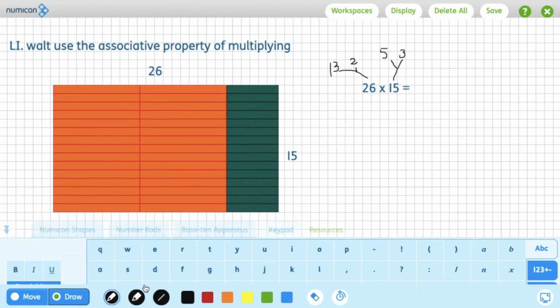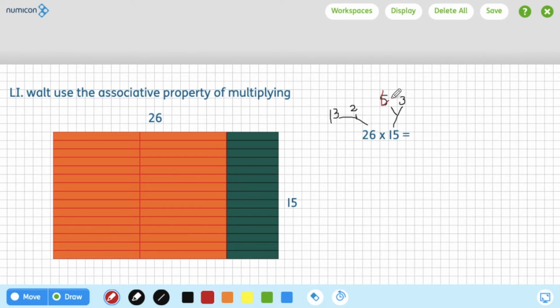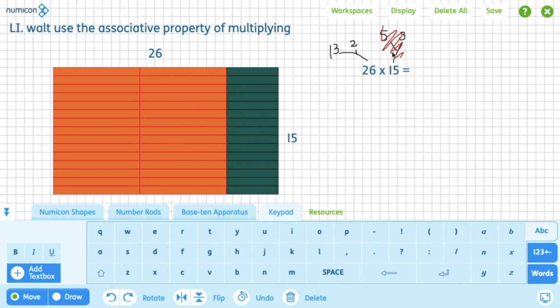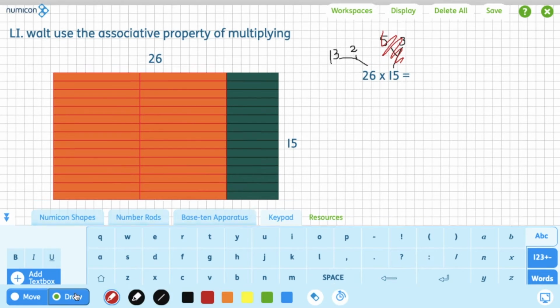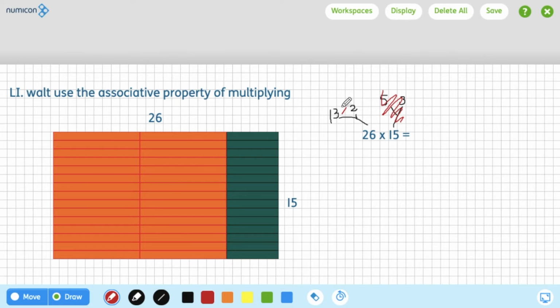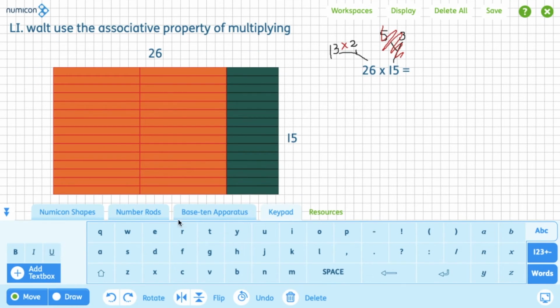All right, so what I'm going to do is I'm going to forget about these ones because I don't want them right now, okay? And what I'm going to do is I'm going to rewrite this equation. Now, if I'm going to use association, I can use the factors from one of my numbers, but remember that I have to multiply them together. So I'm going to put in 13 times 2 times 15.